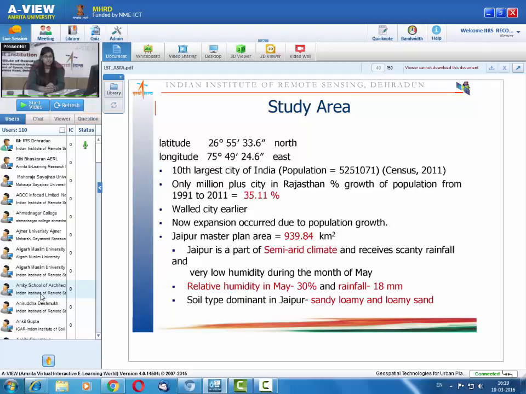The relative humidity and rainfall pattern is so different that you cannot imagine a rainfall of less than 18 millimeters in this area in the month of May. The soil type is sandy loam and loamy sand within Jaipur city. And why have we done all this? Because we wanted to understand the area and the character of the surface before starting any exploration, because only then can we understand why the surface temperature has come this much over this area and why it is different in another area.